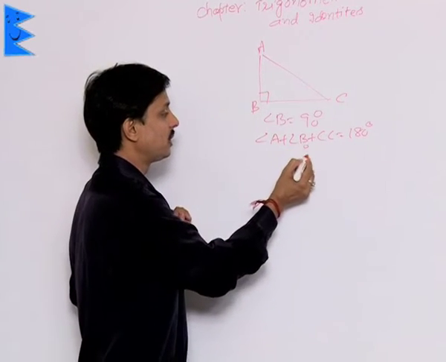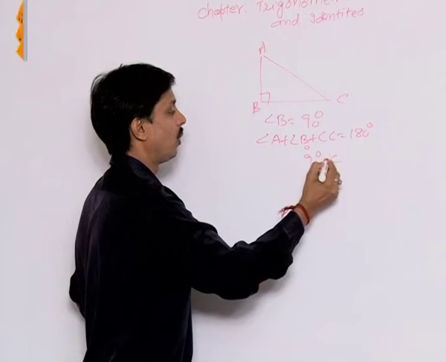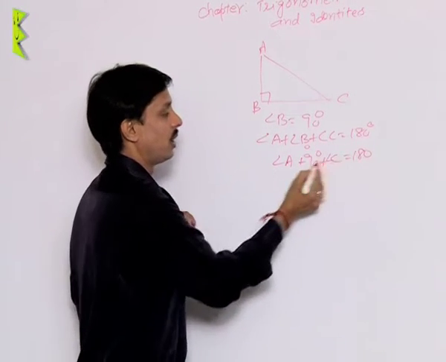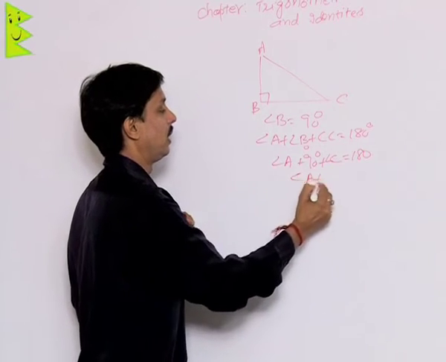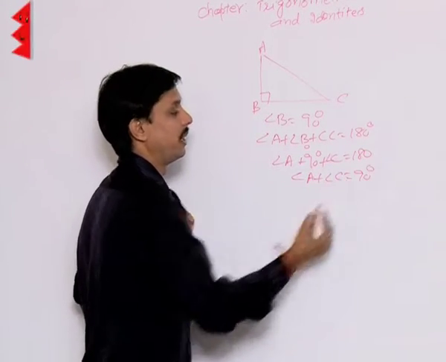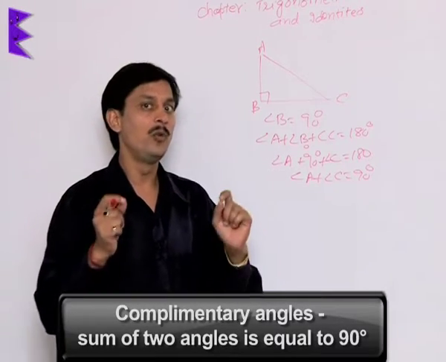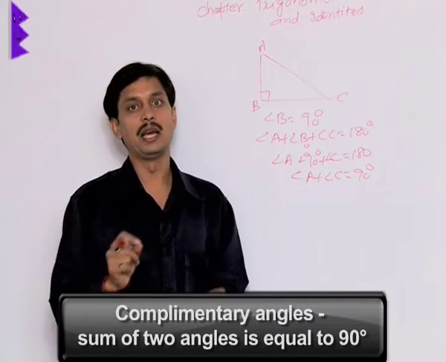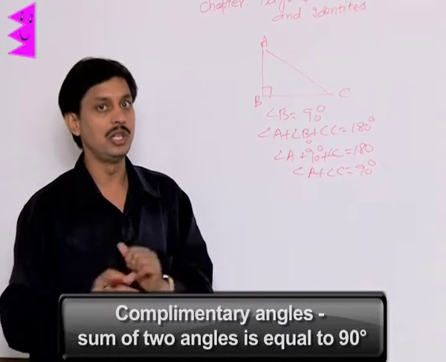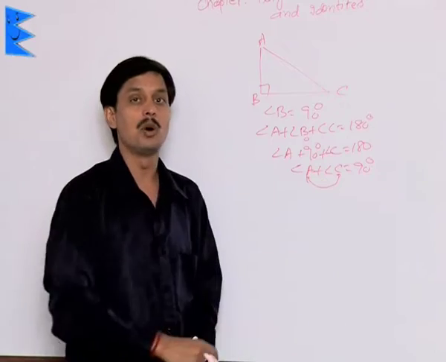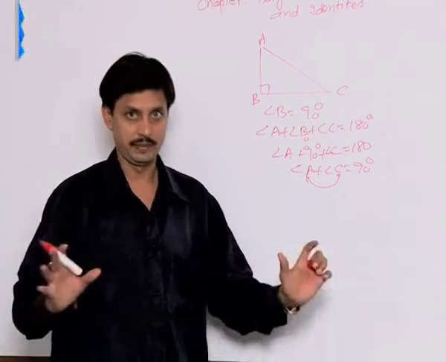This angle B is 90°, so what conclusion can come? Angle A plus angle C is 90°. If the sum of two angles is 90°, we call these two angles complementary of each other. That is, A is complementary of C and C is complementary of angle A.